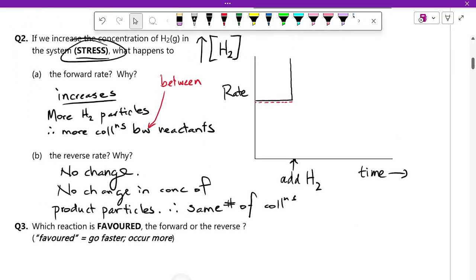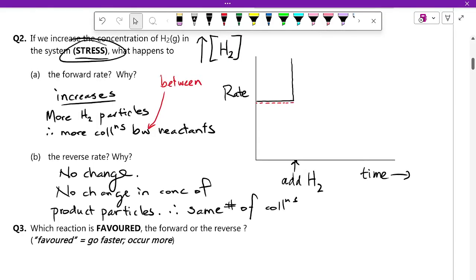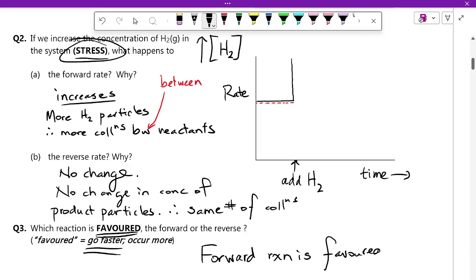When a reaction is favored, that means it's going faster. Which reaction is going faster? The forward. So the forward reaction is favored, or in other words, the forward reaction is going faster.